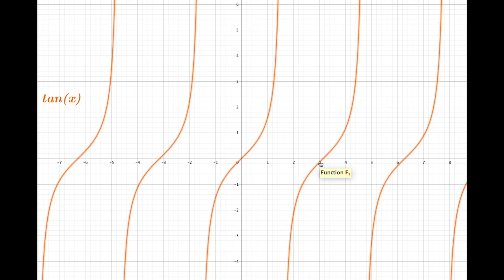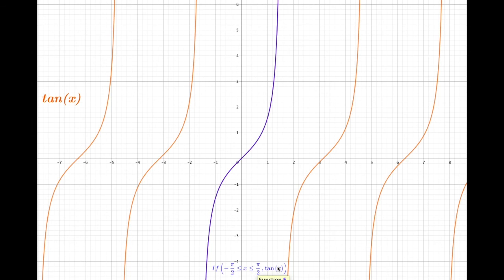But we can do to this what we did to the quadratic a moment ago, and we can restrict the function to between minus pi by 2, which is again something you'll come across in A2. Pi by 2 is actually 90, so that's between minus 90 and plus 90.